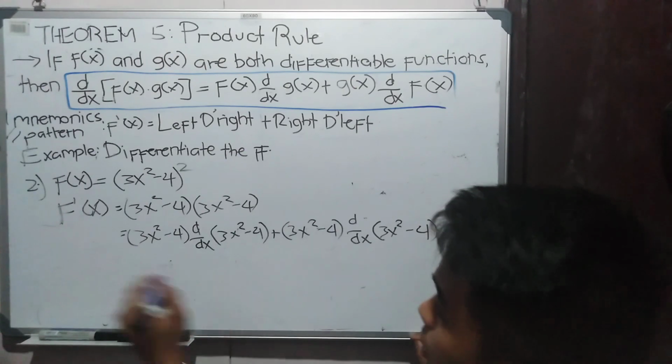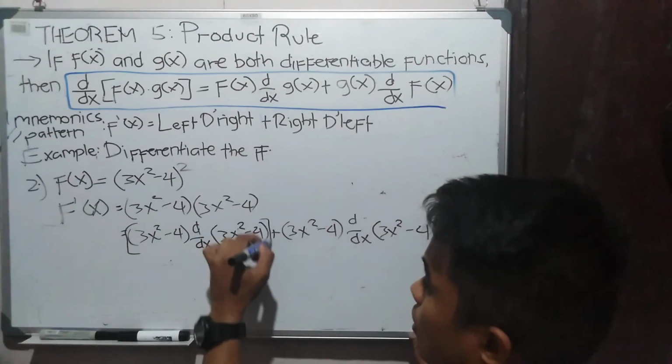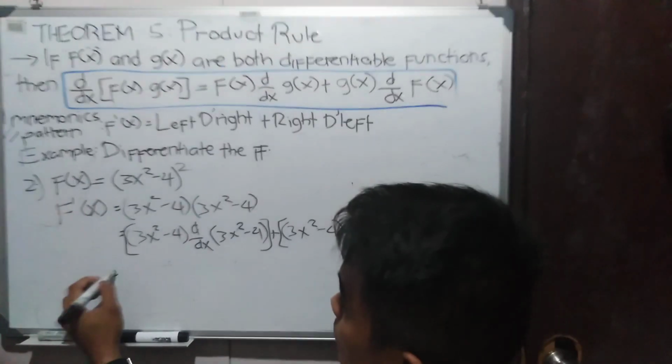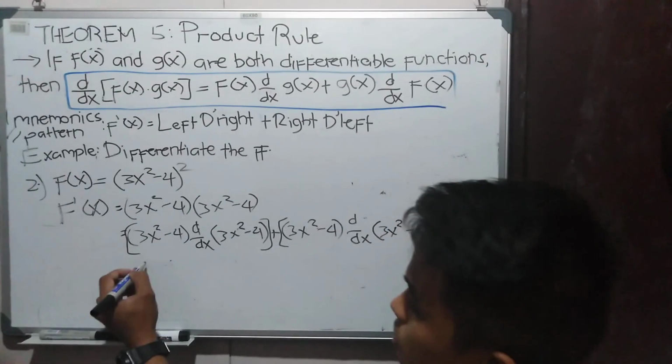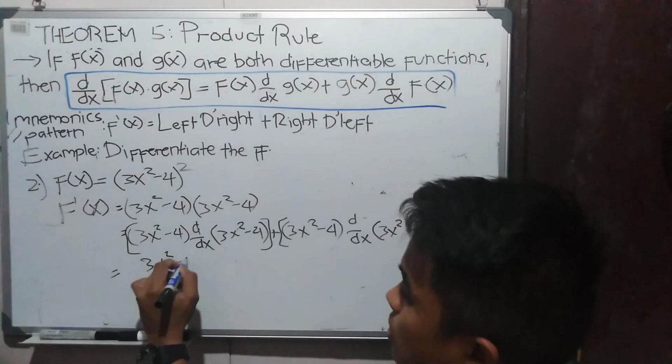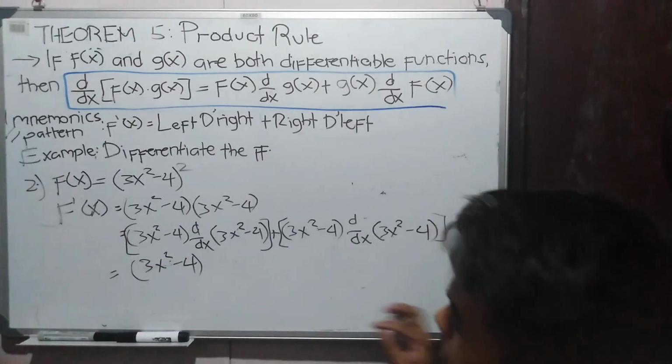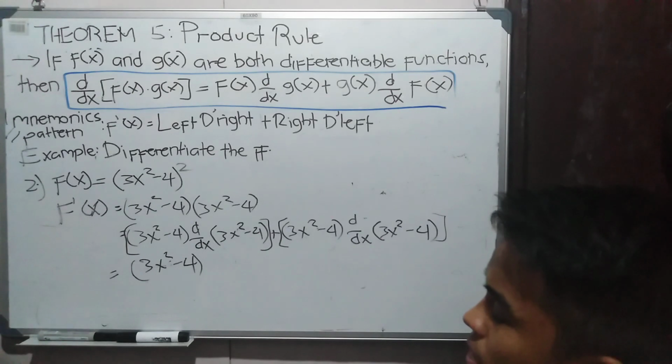And then, again, huwag natin kakalimutan na lagyan ng parenthesis. Then, simplify natin. So, we have 3x squared minus 4 times, okay, derivative of 3x squared minus 4.